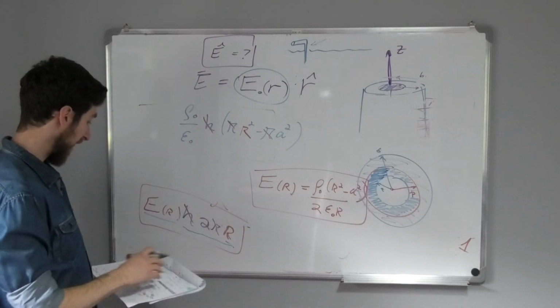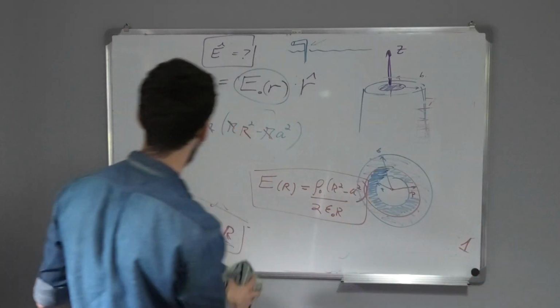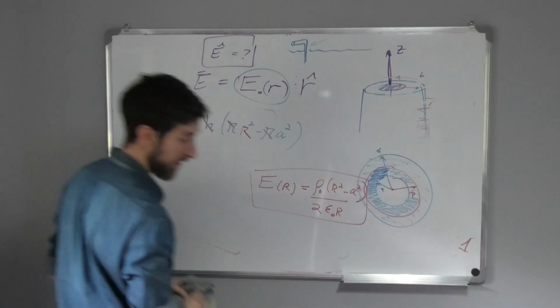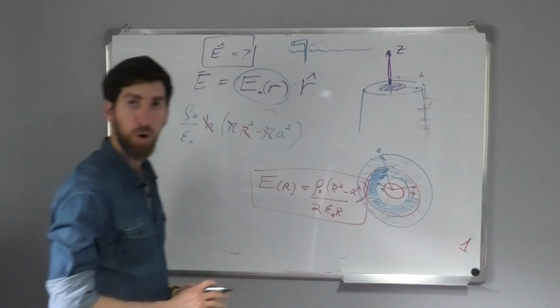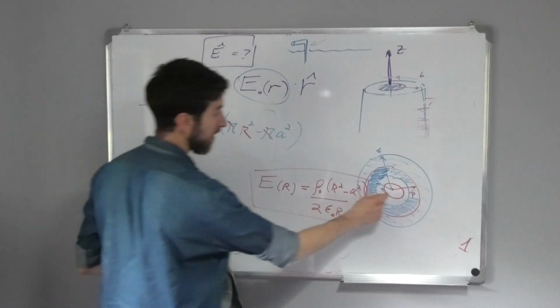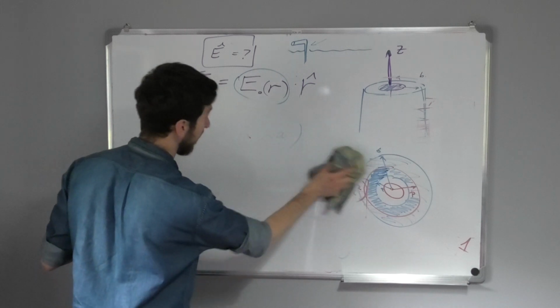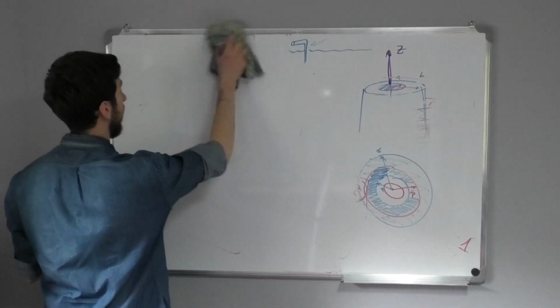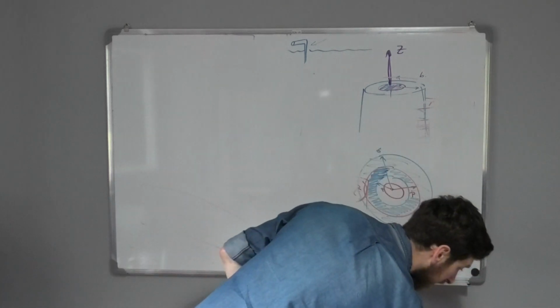Perfect. The last question is: what is the electric field inside of this one? Inside the empty space. So I'm going to explain something that people do which is wrong. If I look at this, it's really easy.